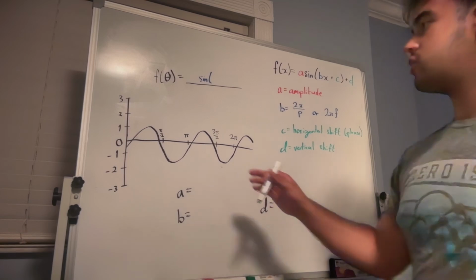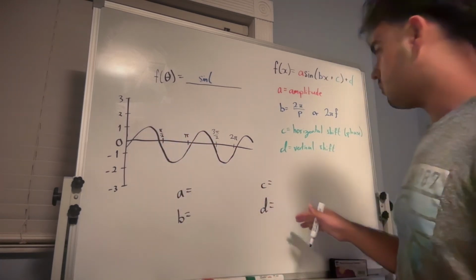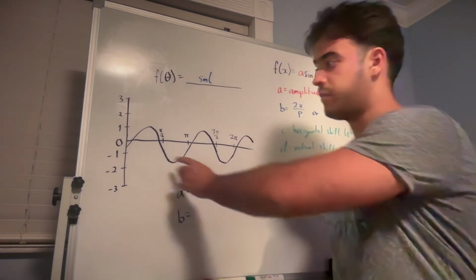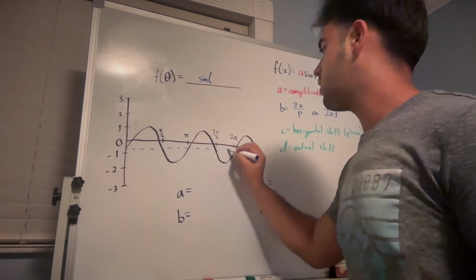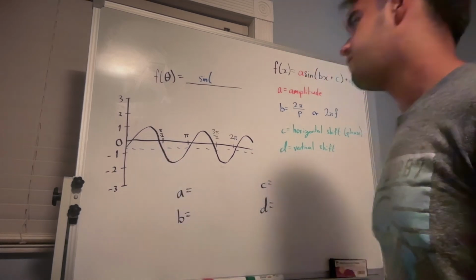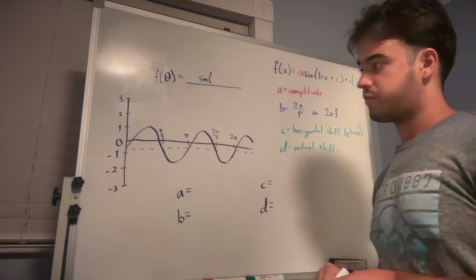So let's start to look at our function here. Our a value and our d value go hand in hand because there's the amplitude and how much the midline has shifted. So our midline is right around here. And I know I didn't mark it, but this is 1/2, 0.5. So our midline is going to be at y equals 1/2.